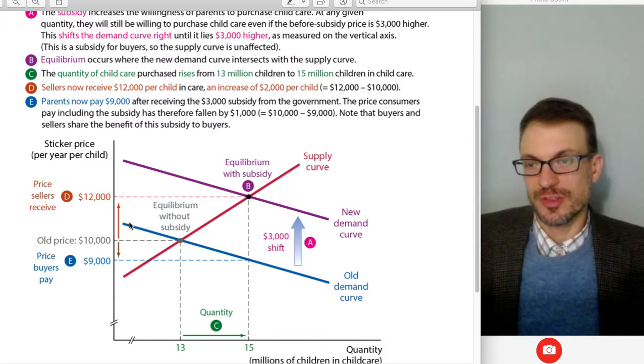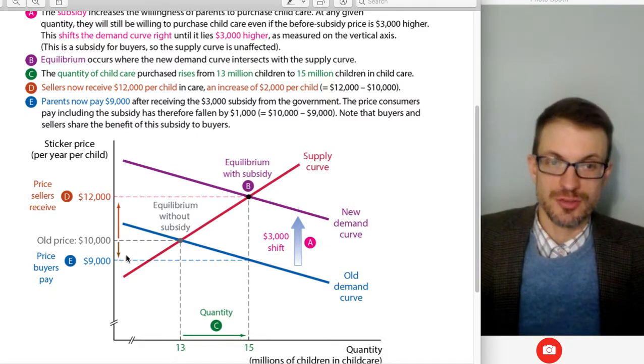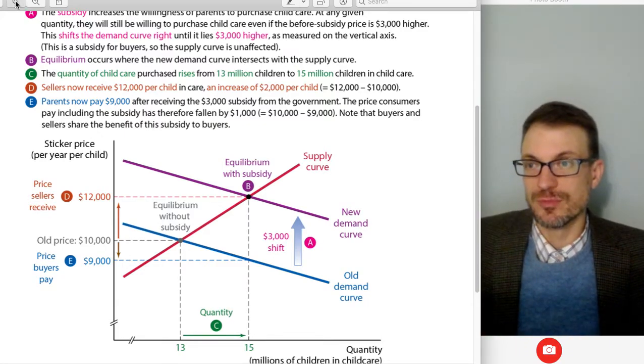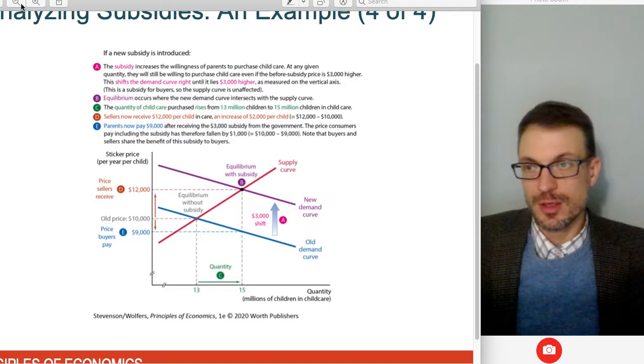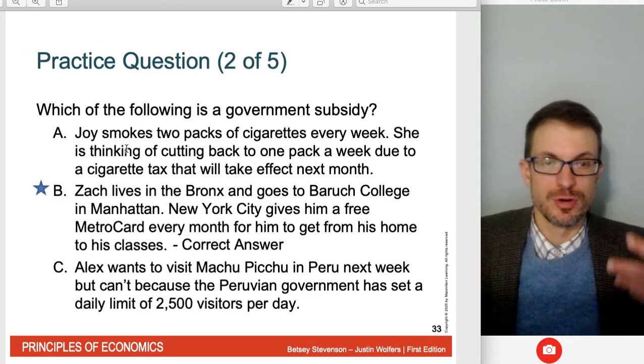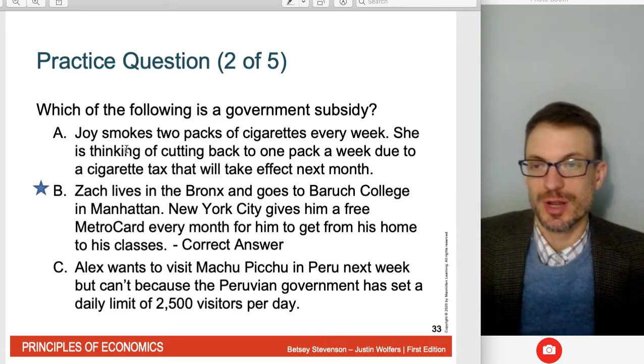So the benefit to the seller is $2,000. The benefit to the buyers is only $1,000. Although there might be substantially greater benefits to buyers who now have time for working rather than providing their own childcare, and therefore generating human capital by virtue of school or work experience or whatever.